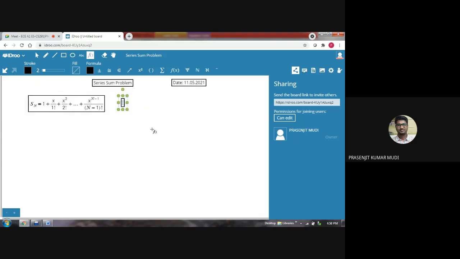So you know that any general r-th term is equal to x to the power r minus 1 by r minus 1 factorial. So this is the r-th term.